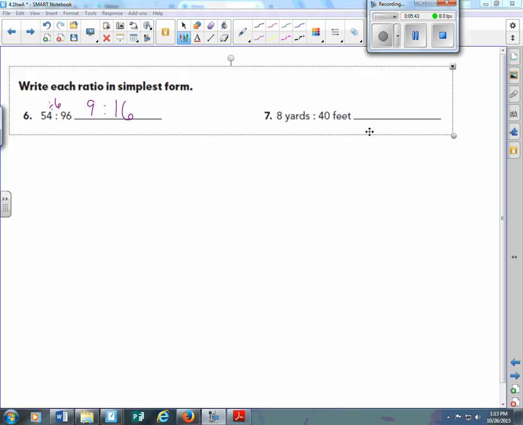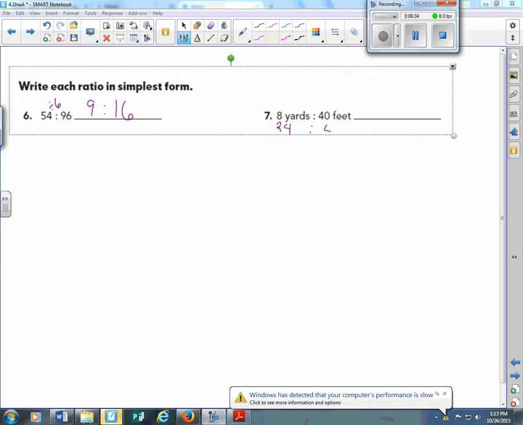Next one, 8 yards, 40 feet. Now, we can't do this unless they're the same. So what we should do is figure out, okay, do I want to change yards to feet or feet to yards? I like changing yards to feet, so I'd multiply this by 3, and I end up with 24 feet to 40 feet.